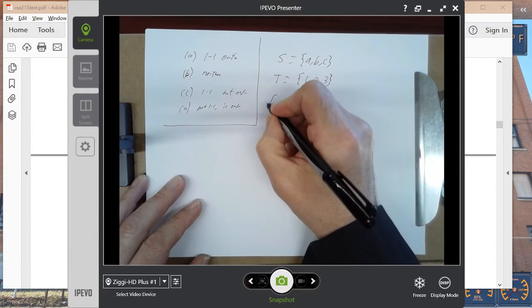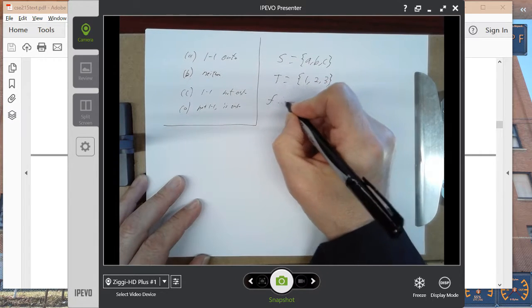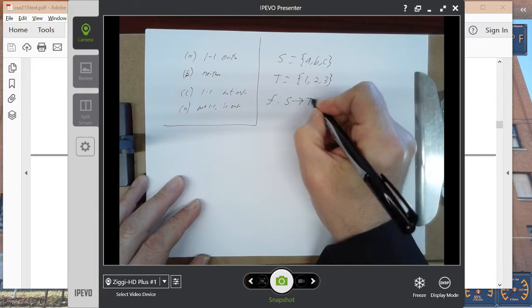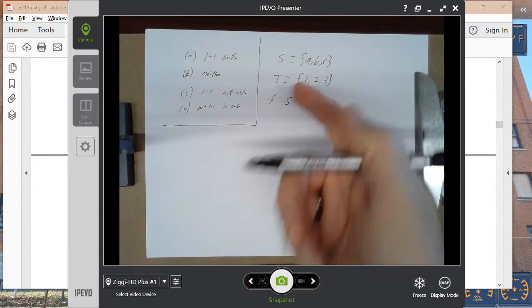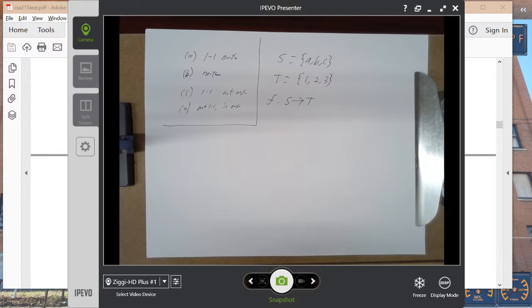And let's have some function f from S to T. So question 1 is saying, can you define, this is a different question now, we're working with these sets instead of positives. Could we define a function from S to T which is both 1-to-1 and onto, injective and surjective, so bijective?